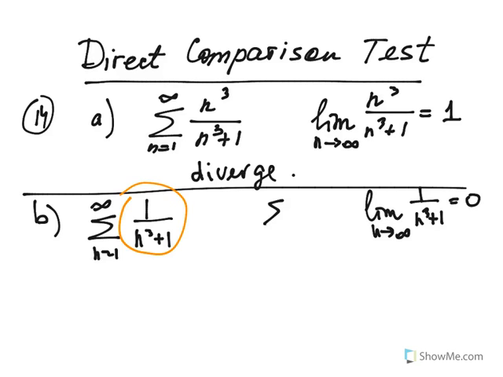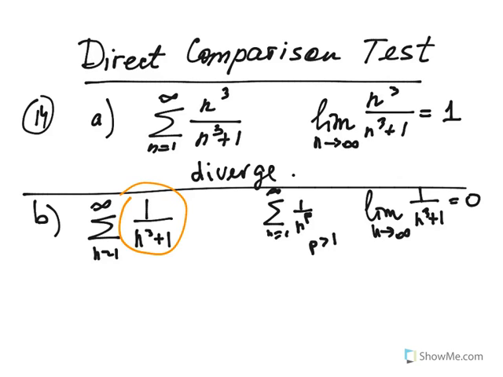The p-series says if you have something like this, and p is greater than 1, then you conclude that this series converges. Now if p is between 0 and 1, then it doesn't converge.